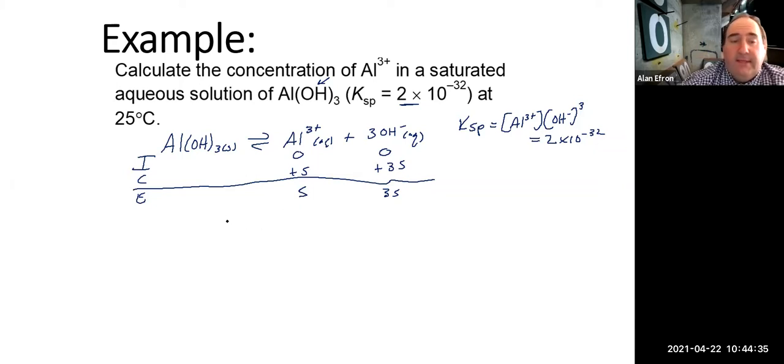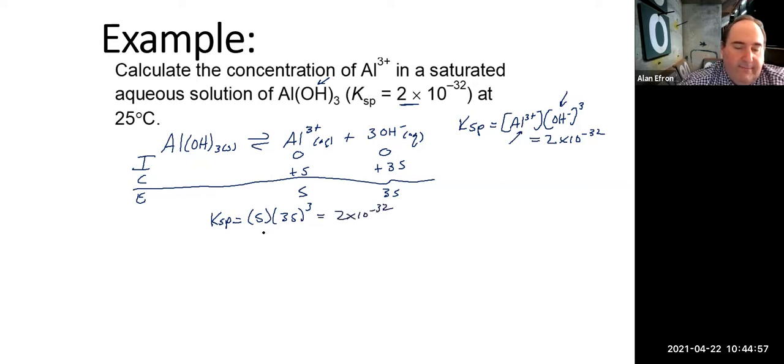That then means that we're going to put this into our Ksp expression, and that S times 3S. And again, we want to make sure that we do cube it. Again, we're putting it into this expression here, each of those guys. That will equal our 2 times 10 to the minus 32.